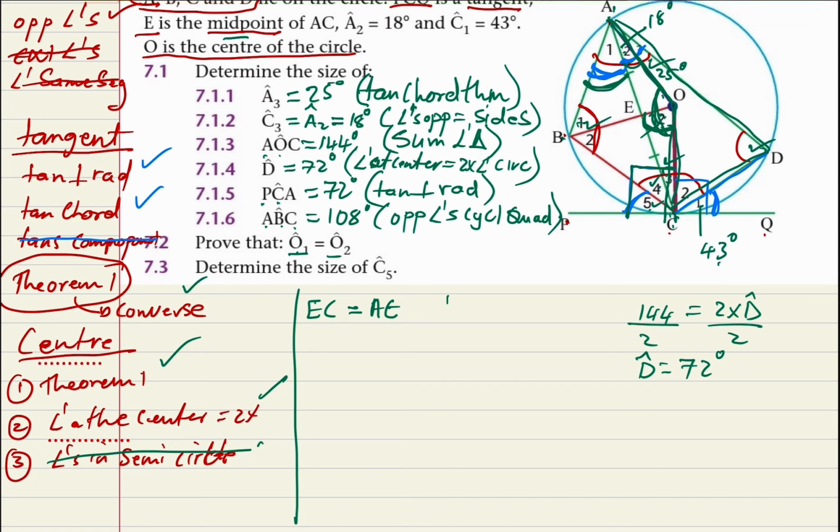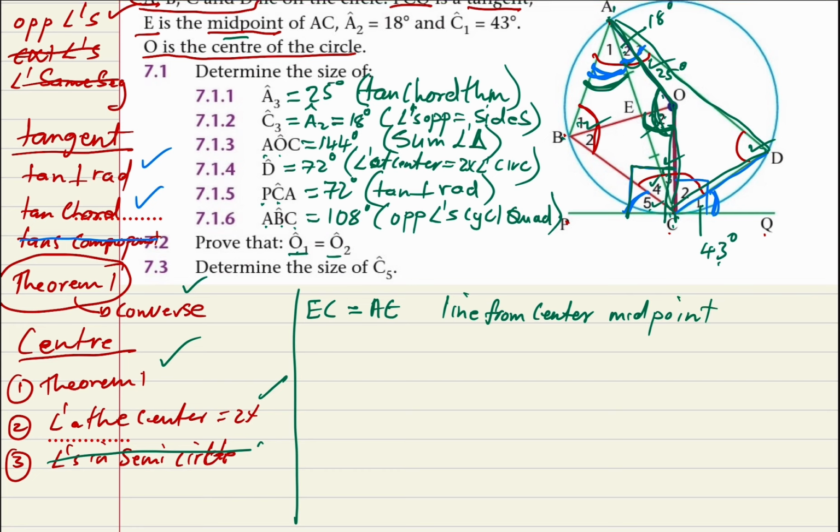It's because line from center. Okay, let me remove this. Line from the center is what? To the what? To the midpoint. Right? Line from the center to the midpoint.